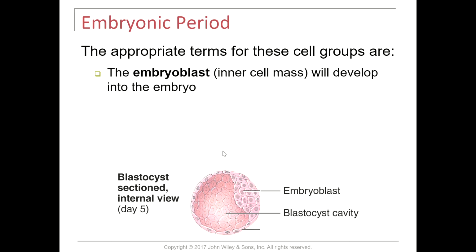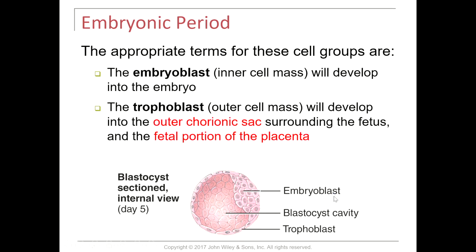These things right here that actually become the baby, the embryo, aka the inner cell mass, is called the embryoblast. Hey, how convenient. Embryoblast. Wonderful. The rest of it, this outer cell mass, is going to be called the trophoblast. This is what's eventually going to become the chorion. This is eventually what's going to become the placenta and all that stuff. It's the thing that's going to keep baby alive. It's going to keep the embryo and fetus alive.